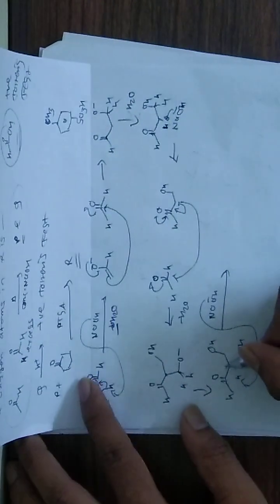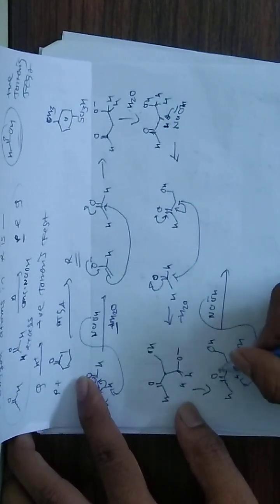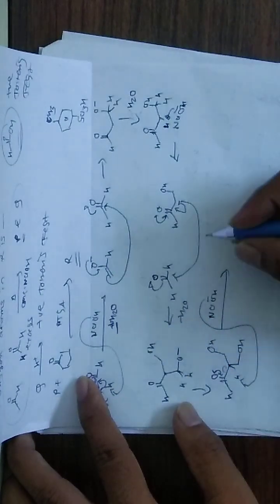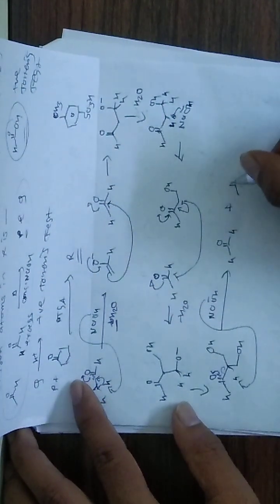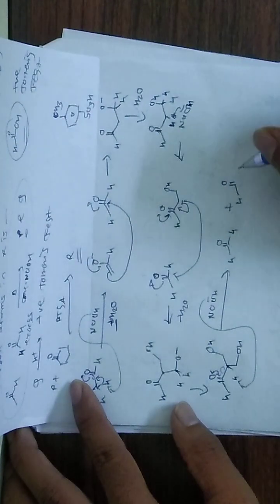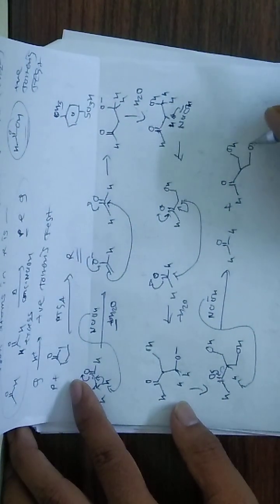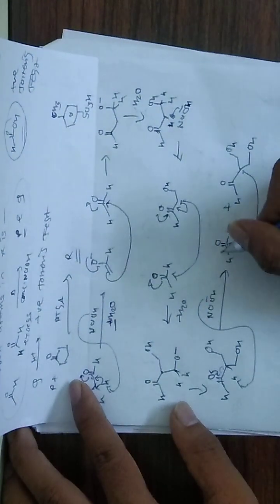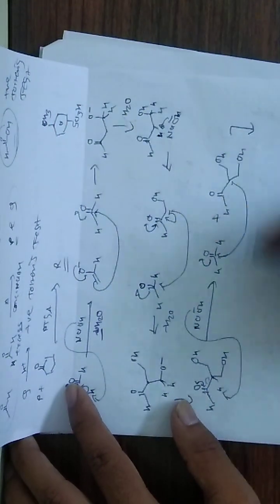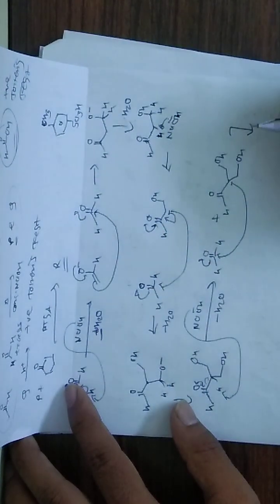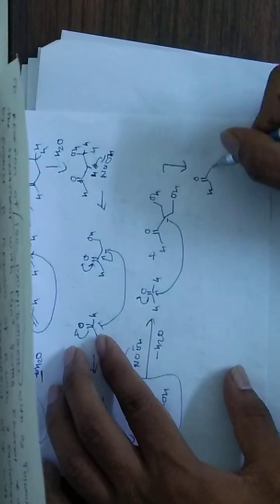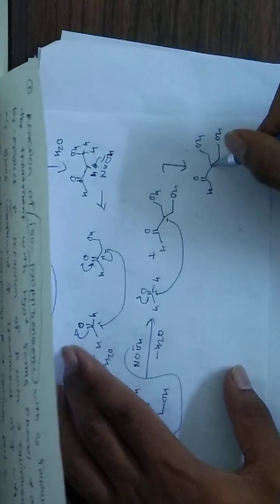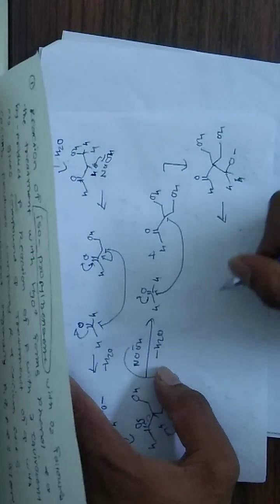Again the negative charge comes, goes to the oxygen, comes back, and this negative charge attacks another formaldehyde. The O minus takes a proton from water again, giving CHO with OH, OH, OH, and here H and H. And what will be the product?